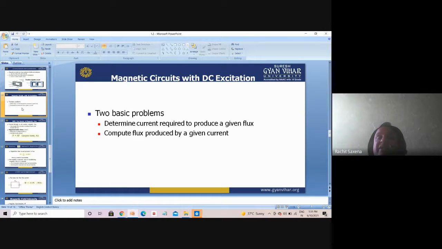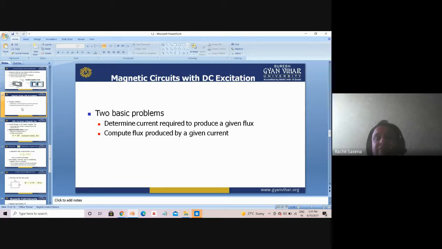We know that if I apply a current, it converts into a magnetic field. So what value of current do we require to produce a given flux, where phi is proportional to I? Now, I want to generate 10 Weber flux. So for 10 Weber flux, we need 10 or 11 ampere current.